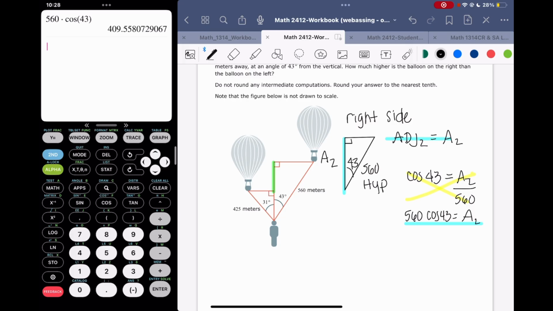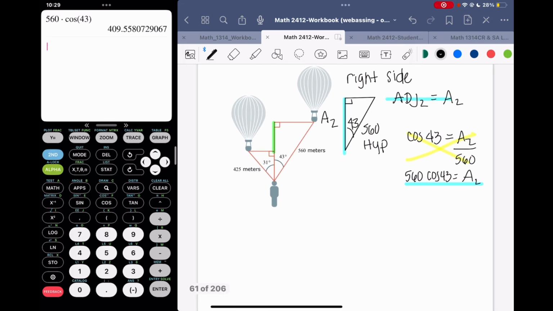Now, the triangle on the left is the smaller triangle. When we look at that other triangle and when we're drawing it, the adjacent side that we're looking to find the value of is going to be shorter. So this is also a right triangle, but it has an angle of 31, and the hypotenuse is 425. And we're going to call this side adjacent 1.